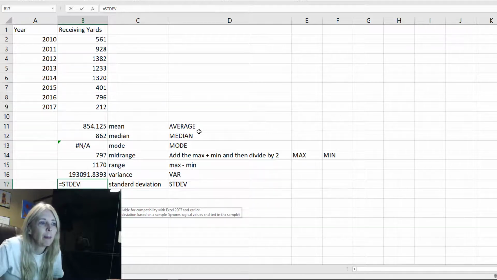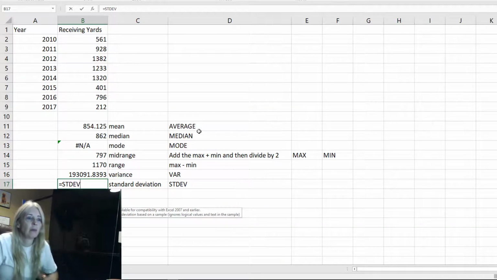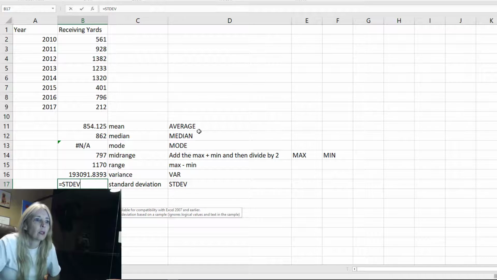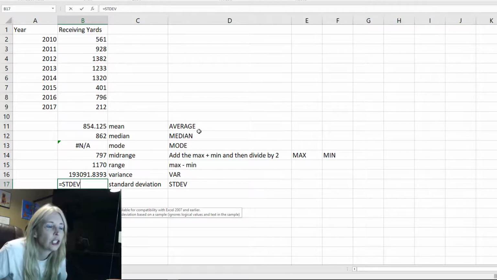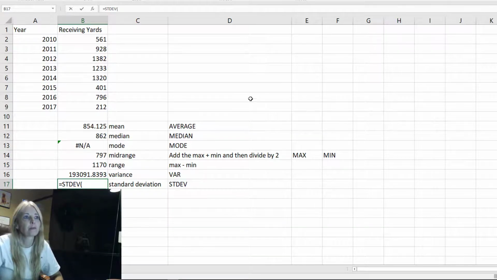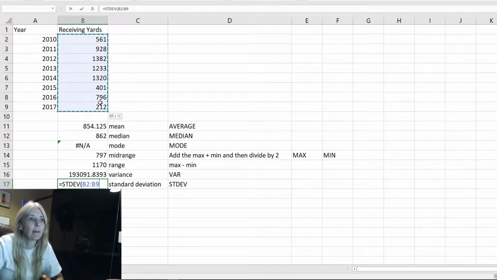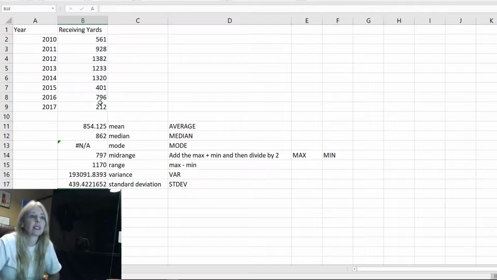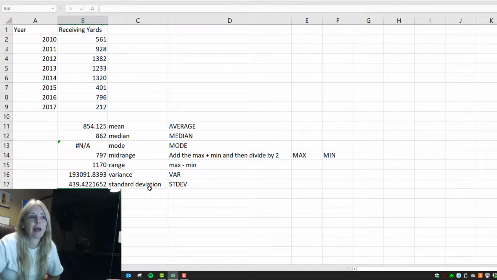These have little caution signs, which just say these are old functions, but they still work. I press enter and I get my values.